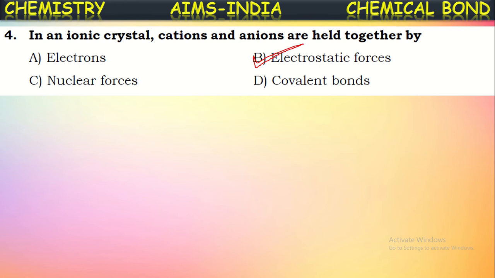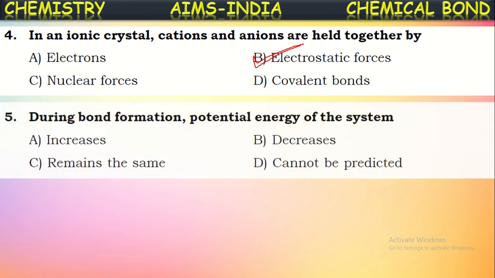Because of this, cations and anions are held together and they form ionic crystals. Next, during bond formation, potential energy of the system. After the bond formation, the energy or potential energy of the system will be decreased, and hence the system becomes more stable and least energetic.